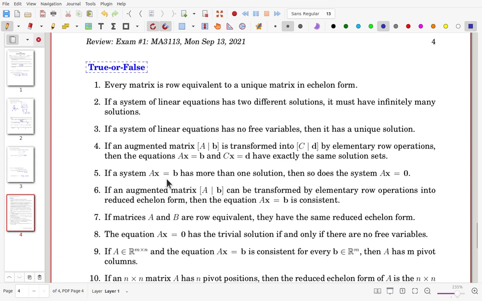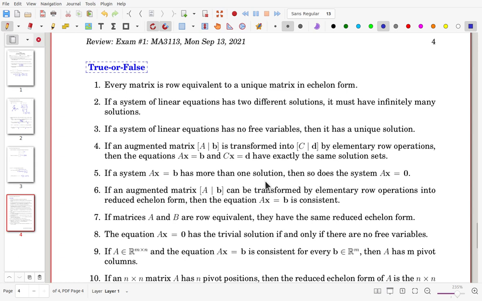If a system AX equals B has more than one solution, then so does the system AX equals 0. Is it true? It must be true.